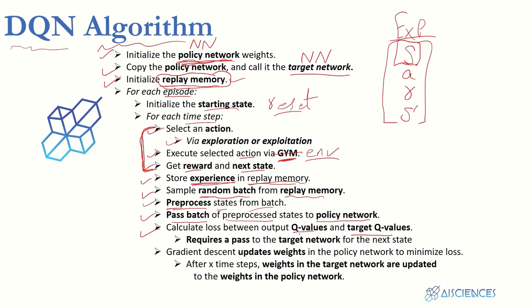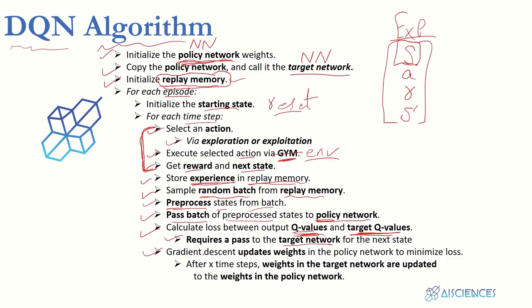I'll not talk about it right now. Just imagine these Q values are coming from the policy network and target Q values are coming from the target network, right? Target Q values refer to the target network and simple Q values refer to the policy network. Right now, just get this through your head. We'll talk about it in depth later on.